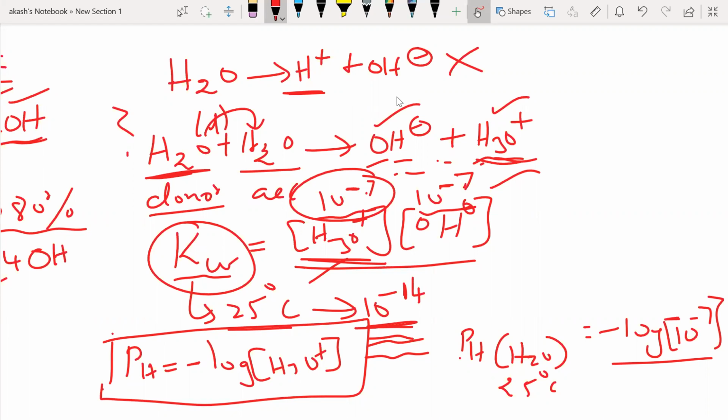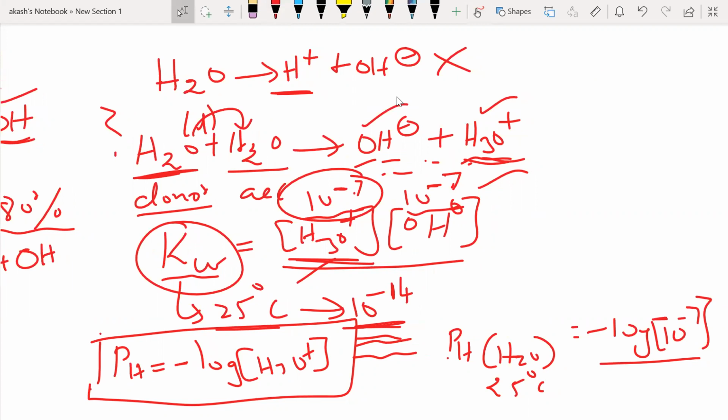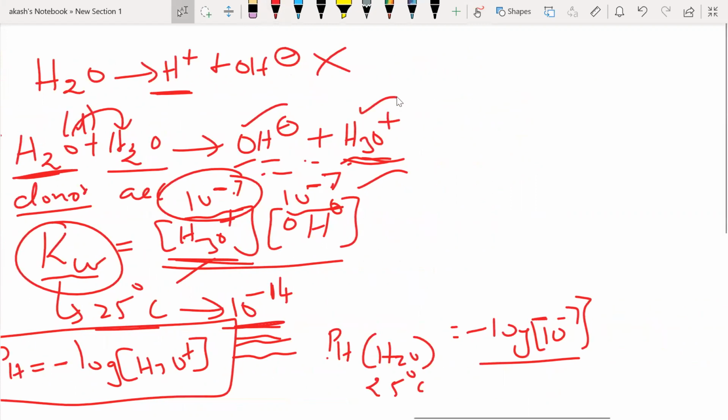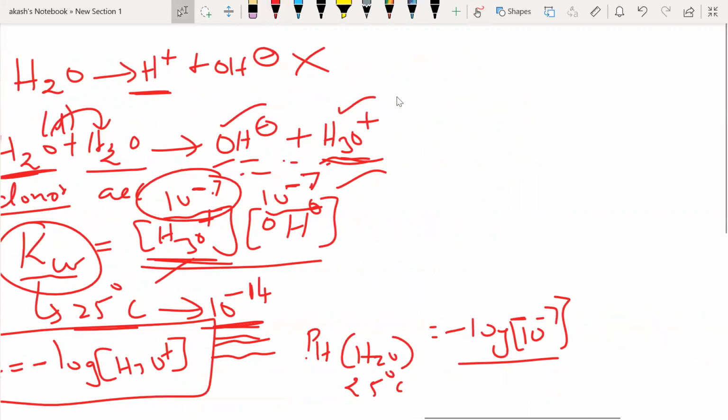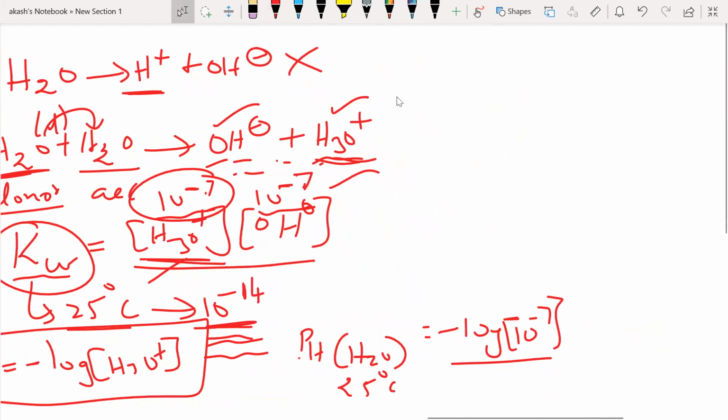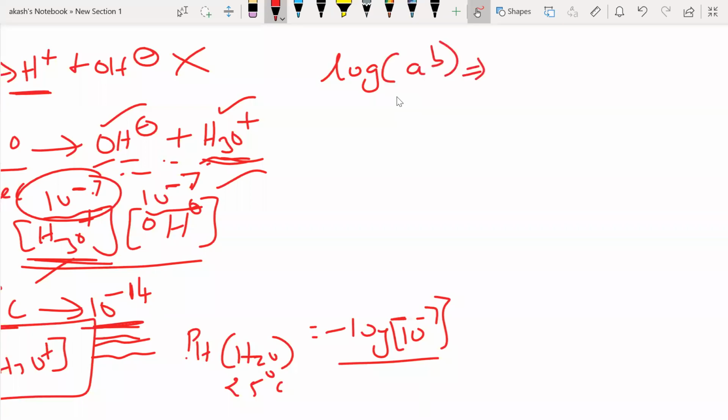If I have log of a to the power b, how can I write it now? Tell me.